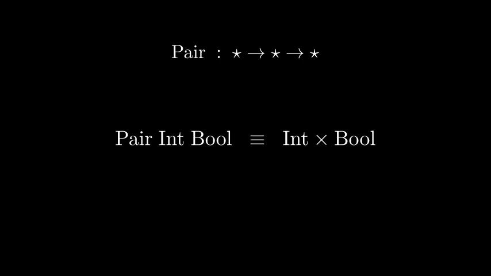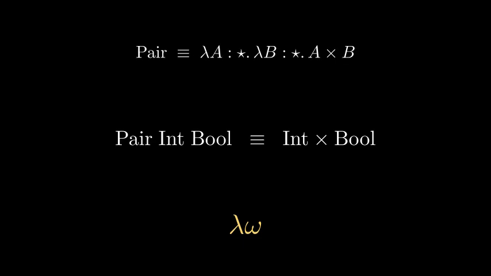Ordinary types like int and bool live at kind star. A type-level function like pair lives at kind star to star to star. The lambda calculus that lets you abstract over types at the type level, write lambda expressions whose results are types, is called lambda omega. This is the second new axis. Combined with System F, it lets you write generic containers parameterized by element types, just like pair.